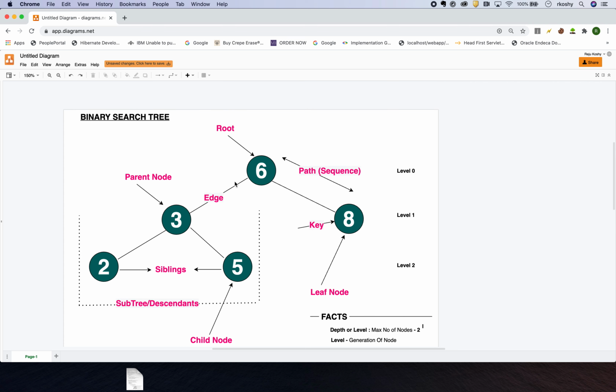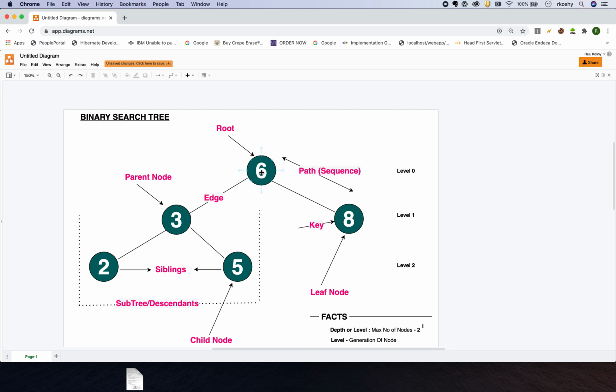The node's left child should have a value less than the current node's value. The node's right child should have a value greater than its current value. So if you try to insert any integer, it will always start comparing at the root.